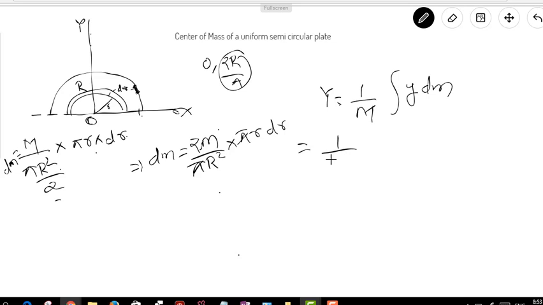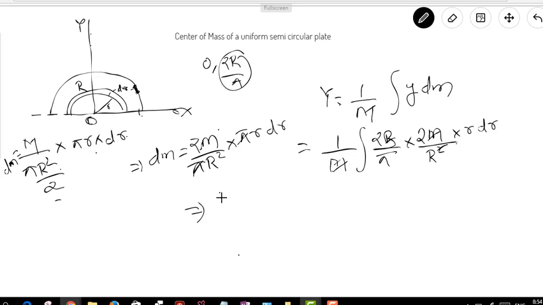So we can say 1 by m integration of 2r by pi into dm, where dm is 2m by r square into r dr. This will get cancelled, and this m and this m will get cancelled.